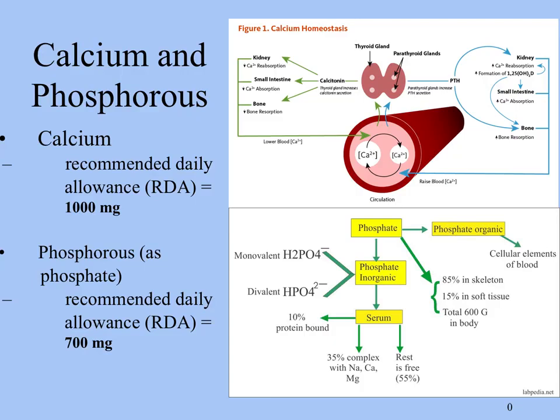So calcium, the recommended daily allowance for that is about 1,000 milligrams, and for phosphorus as phosphate, again, the recommended daily allowance is about 700 milligrams. Calcium homeostasis, as we've discussed, is regulated by the parathyroid glands with PTH, or parathyroid hormone, and by the thyroid glands with calcitonin.